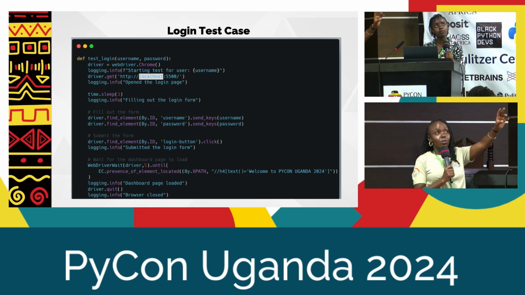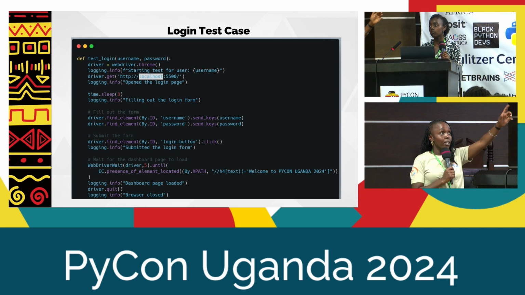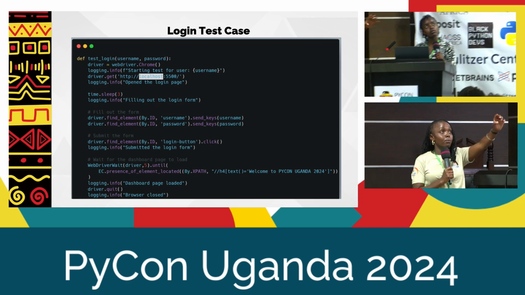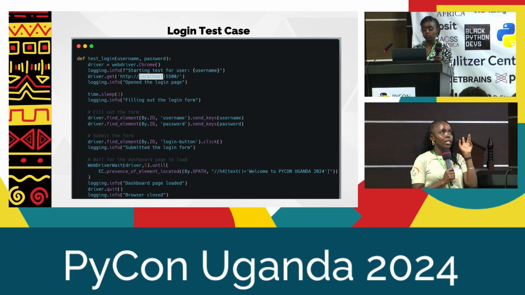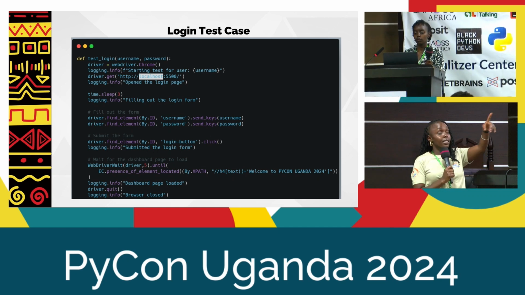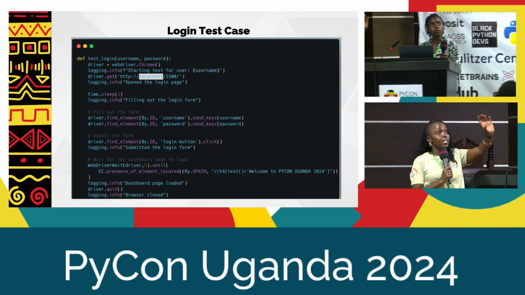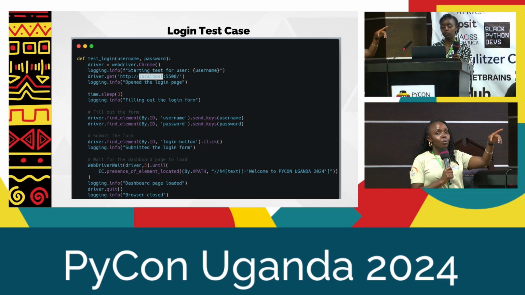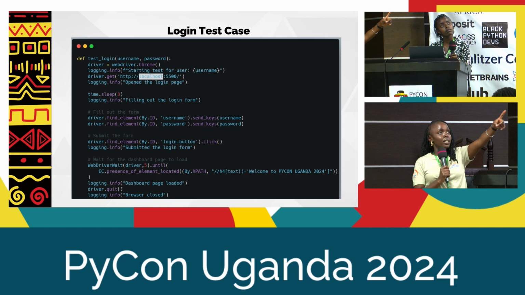Then, we're going to call an instance of the WebDriver, an instance of Chrome, which is webdriver.Chrome. And then just for good learning practice, you can log the information that we are starting the test for the specific user. To access the browser URL, you just put it there.